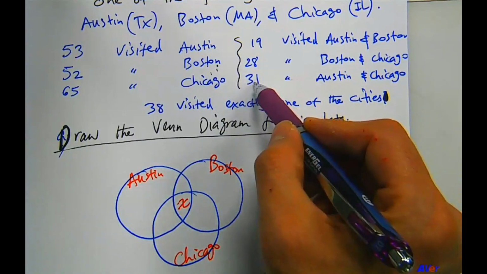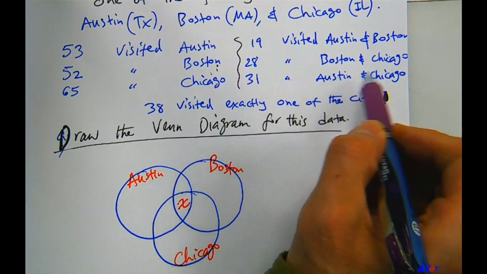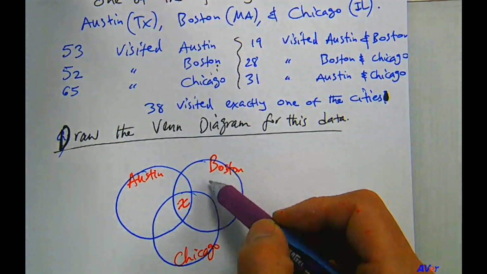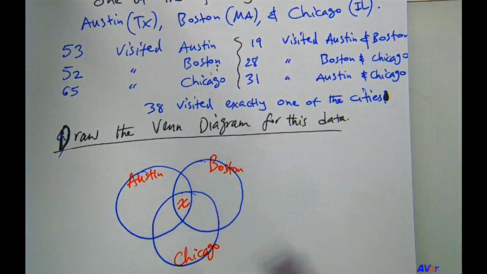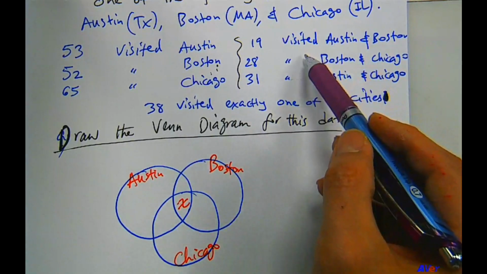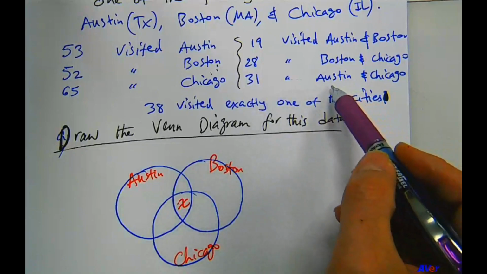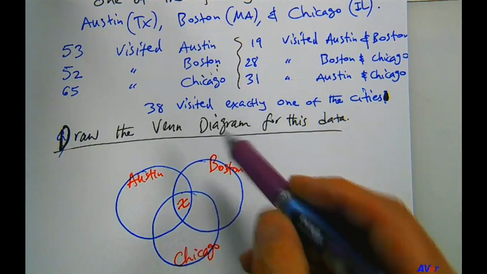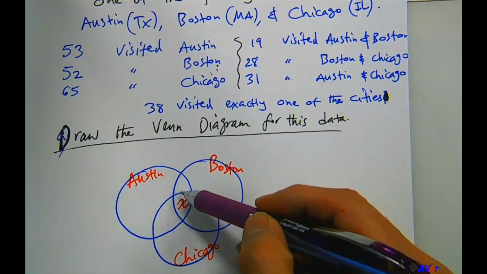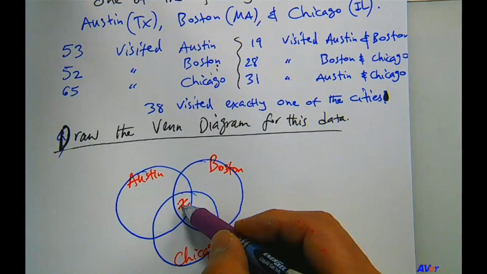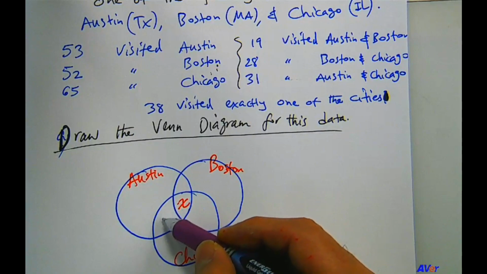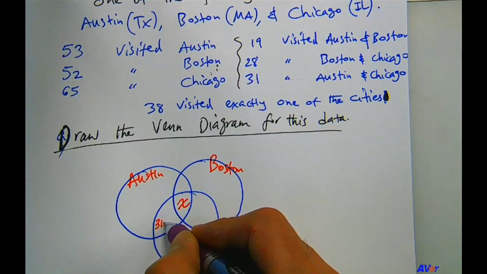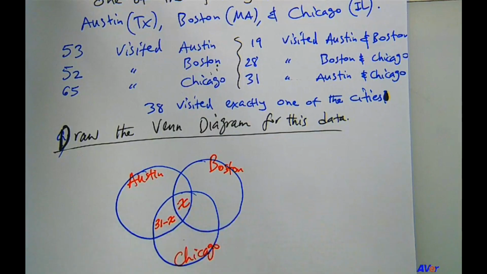So 31 visited Austin and Chicago, right? So let's start with Austin and Chicago, this one. If we knew X, the number of people who would fall into this junction would be 31 minus X, right?